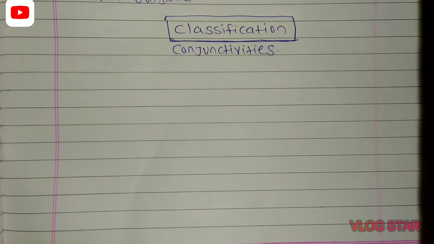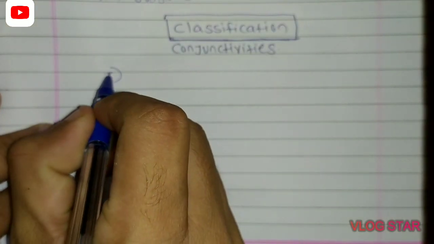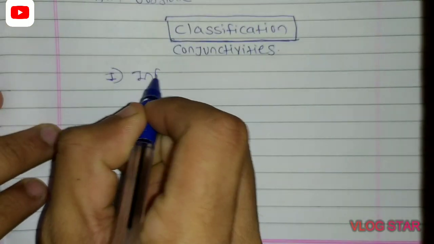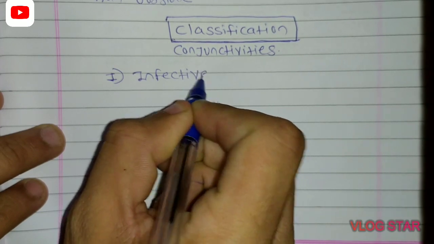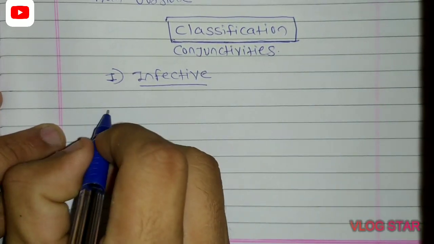As conjunctivitis is the commonest disease of the conjunctiva, it has a wide classification. So now let's talk about the wide classification of conjunctivitis. Conjunctivitis is primarily classified into four main types. First is infective conjunctivitis.